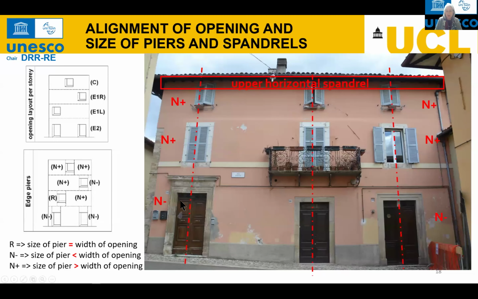And the alignment will then determine the relationship between the opening and the side piers, and whether the piers are regular or non-regular, i.e. wider or narrower than the opening closer to the edge. And this is, again, quite important because it will determine those lateral cracks that we have seen occurring earlier.